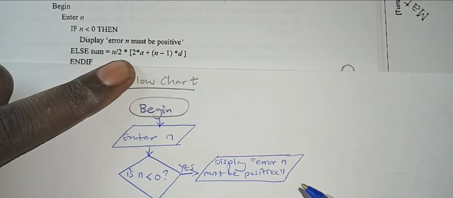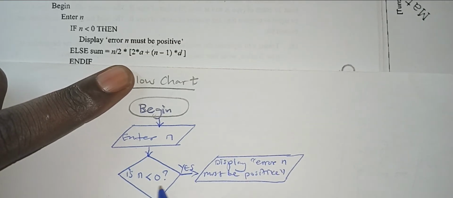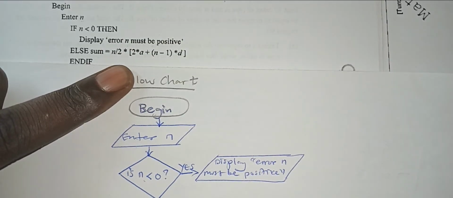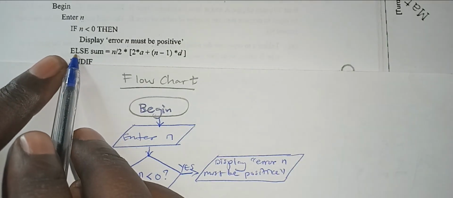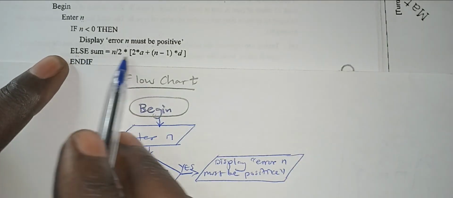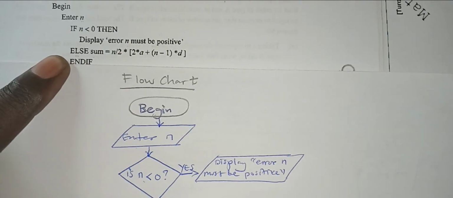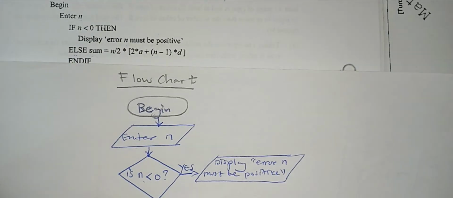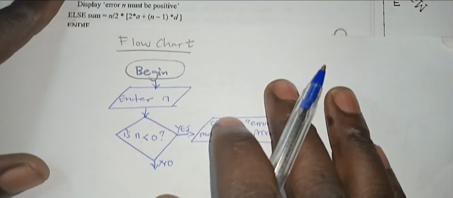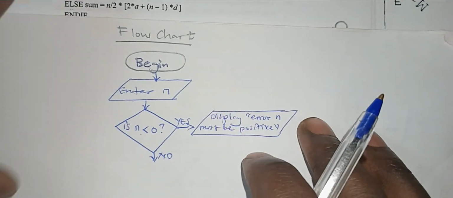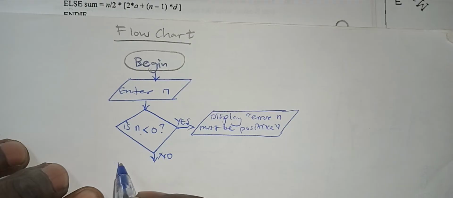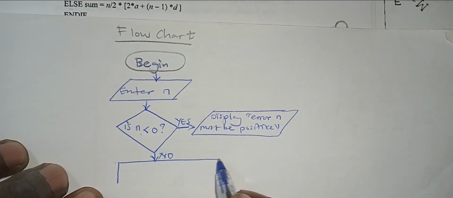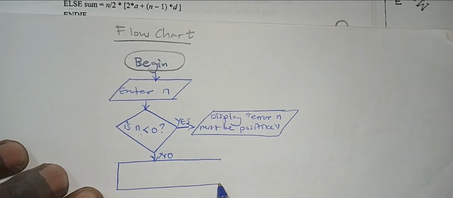How about if n is not less than 0? Then it's a no situation. What are we supposed to do? The situation is saying else sum equal to this. So we are going to process. So which symbol are we going to use to process the information? The processing symbol is the formula box, which is a rectangle.